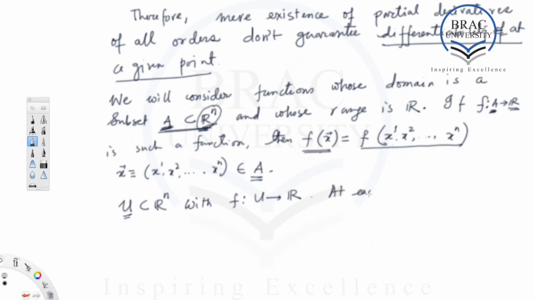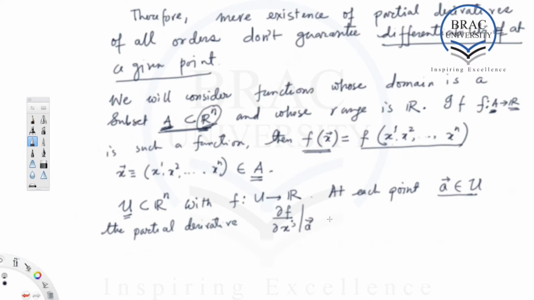Now at each point, a vector a in U in the open set, the partial derivative del f by del xj evaluated at this point in the open set, the partial derivative of f with respect to xj, where xj is one of the coordinates of the vector x, is of course the following limit, if it exists.